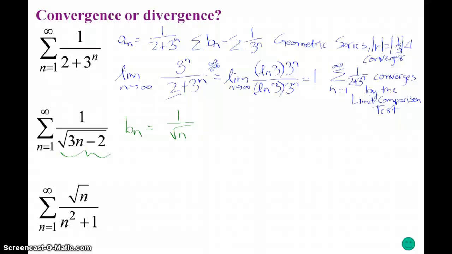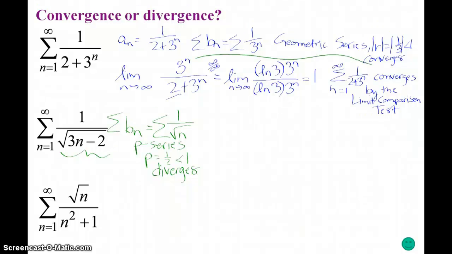So all I need is this. This is a p series where p equals 1/2, which is less than 1. This series diverges.